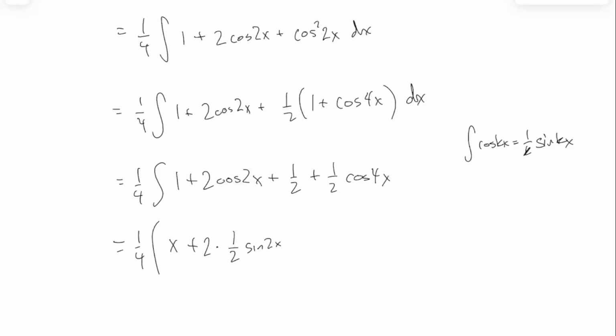So this, which was cosine 2x, now becomes 1/2 sine 2x. And then I go plus 1/2 becomes 1/2 x, plus 1/2 cos 4x, just like before, is going to be 1/2 times 1/4 sine 4x. Like so. That's how we do it. I hope you got something like that.